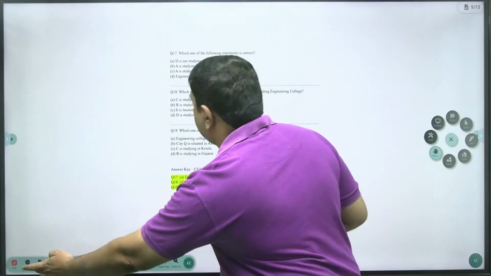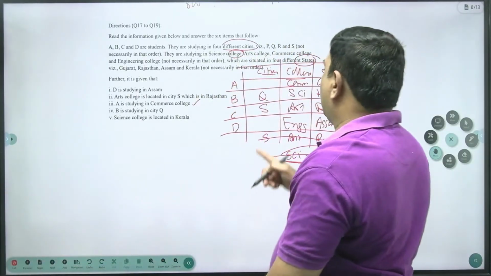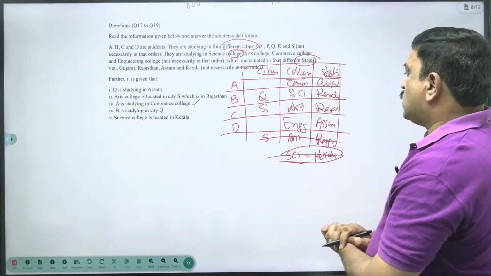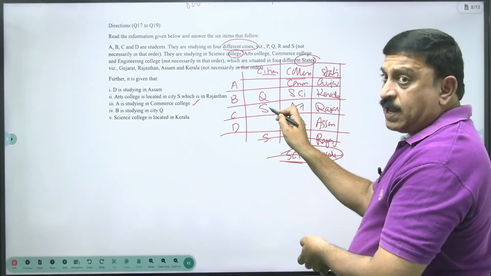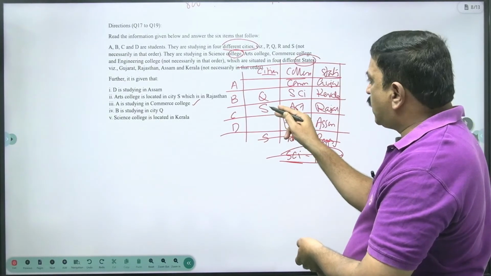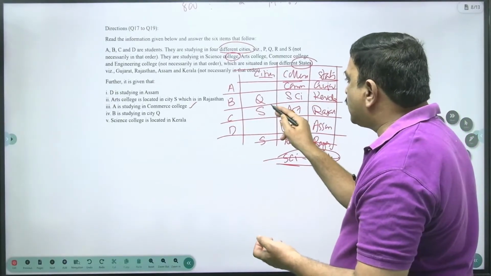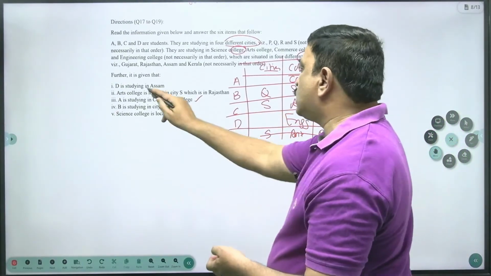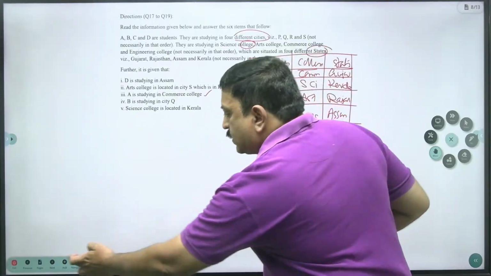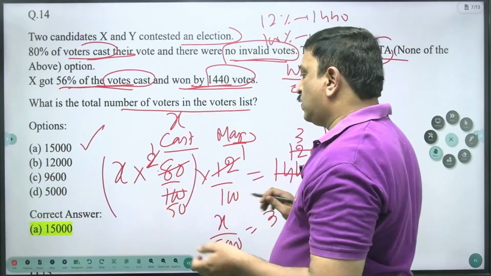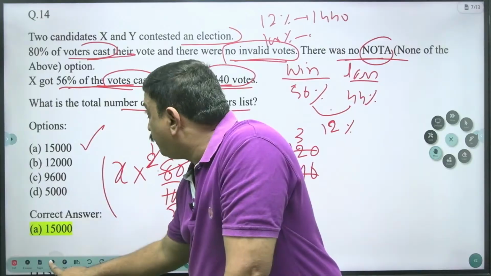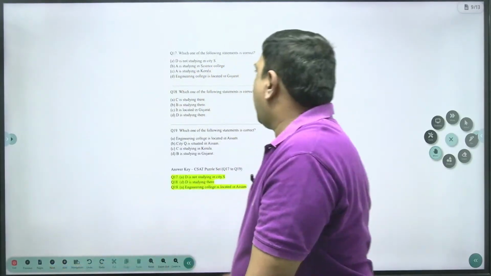He is not studying in city S, because C belongs to S. So A is correct. That's all. So we can take A.